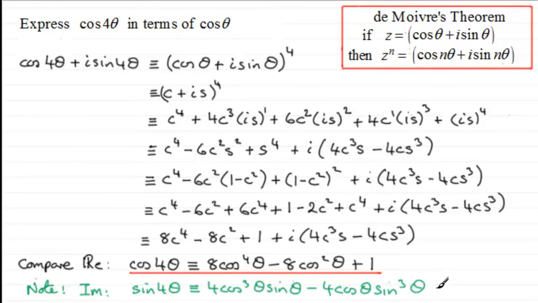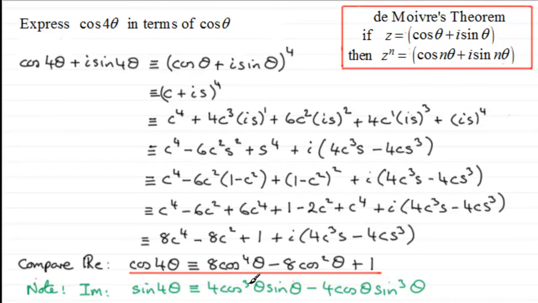Okay? Now you'll notice that with something like this is about as far as we can take it. We can't really express this nicely in terms of sine theta because we've got cos cubed theta rather than, say, cos squared theta, which if we did have cos squared theta we could have gone on and written that as, say, 1 minus sine squared theta and then expanded the brackets.